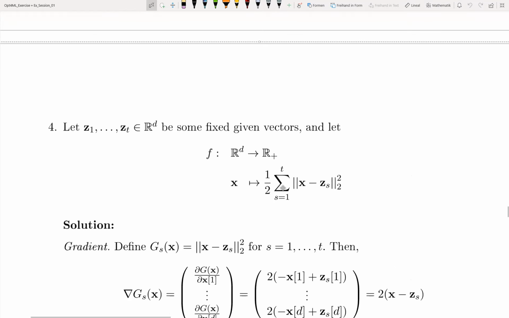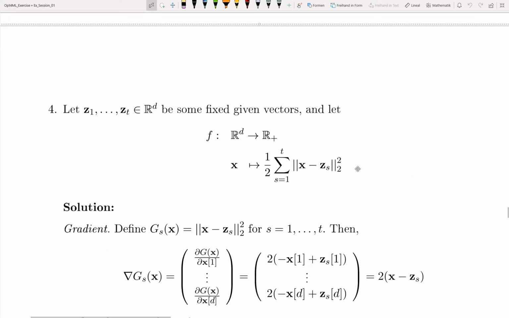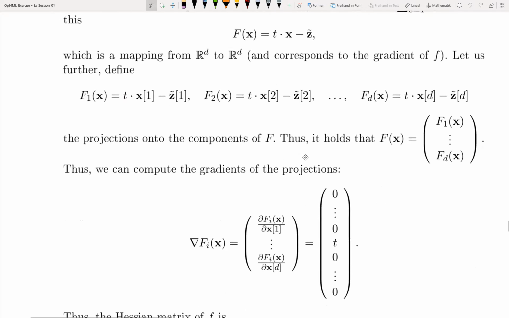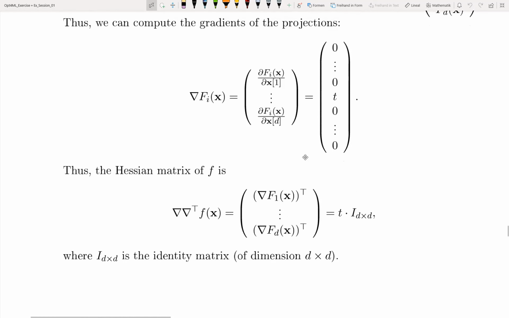Just as a side remark, this function you see here, also coming from the machine learning world, is nothing else than the squared loss. If you are interested in minimizing the squared loss, and taking into account what we had in the lecture today, the Hessian matrix of the squared loss function is T times the identity matrix, which is a positive semi-definite or even positive definite matrix.